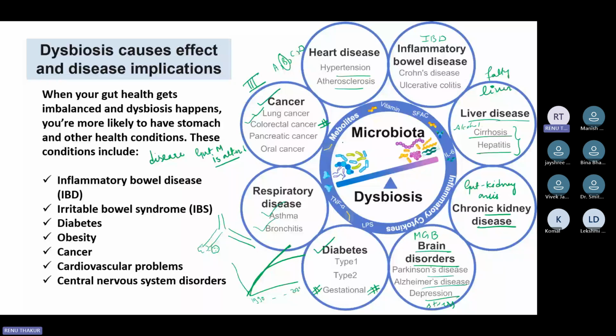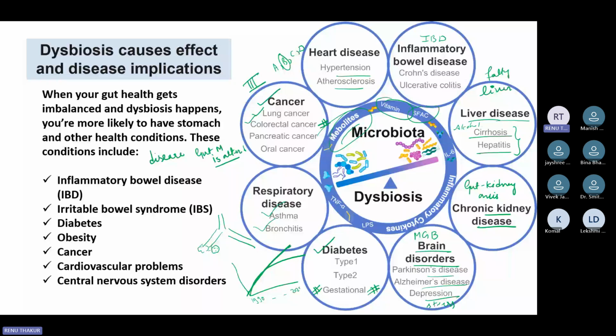Increased metabolite production will be there, increased vitamin production, short-chain fatty acid production. And if you are not maintaining a good balance, then it may lead to an increase in TNF alpha, lipopolysaccharide, inflammatory cytokines, and interleukin 6. So everything will be increased.